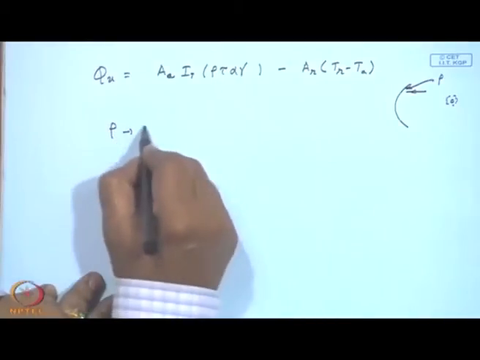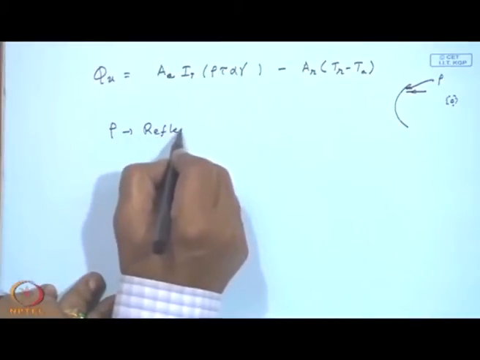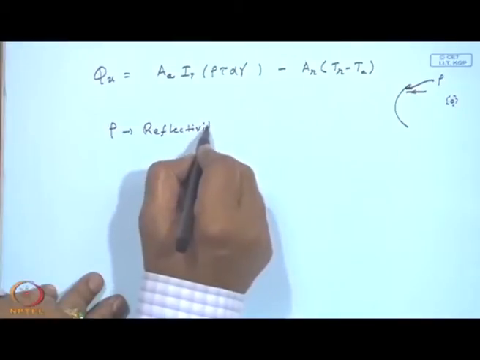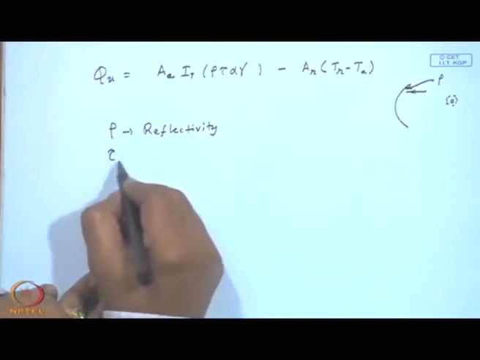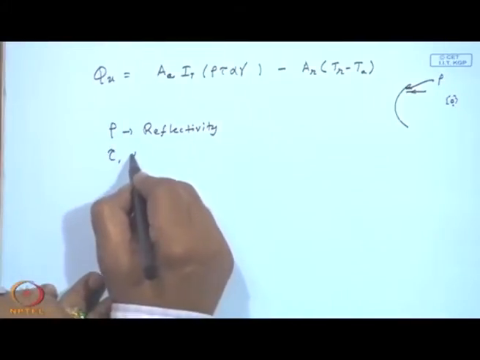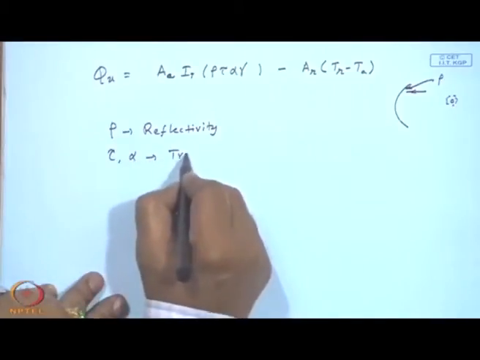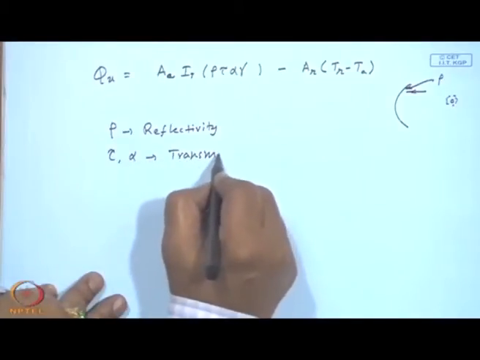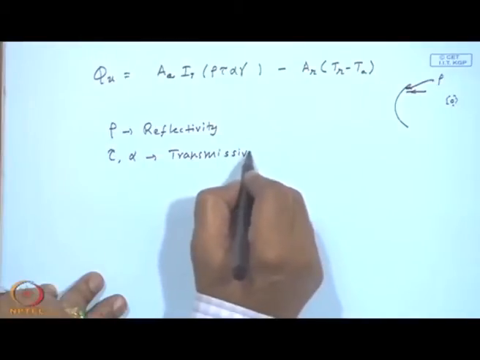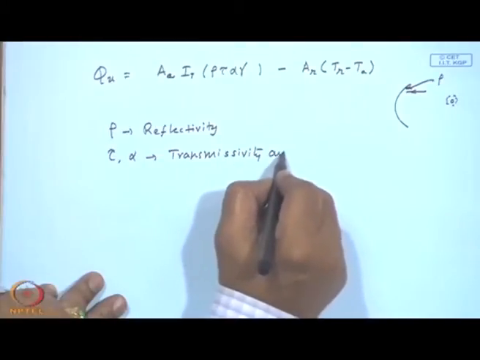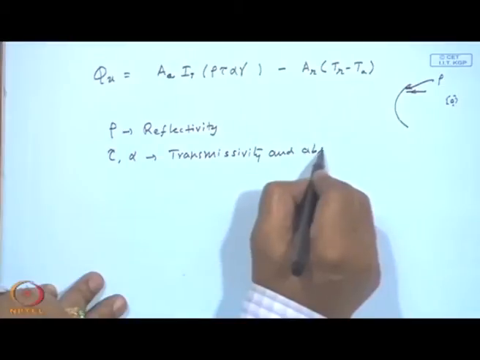Rho is the reflectivity, tau and alpha are transmissivity and absorptivity.